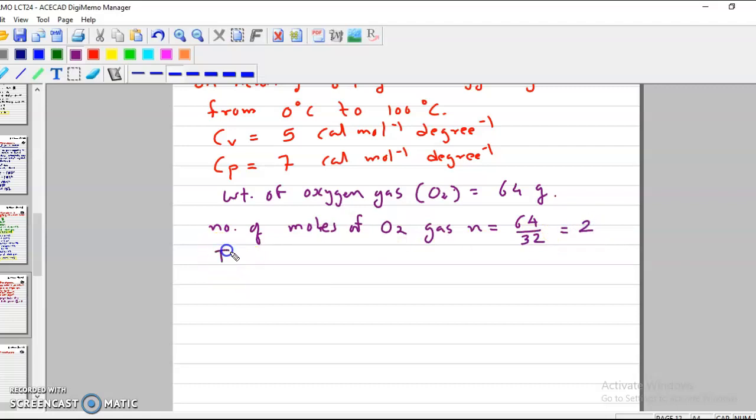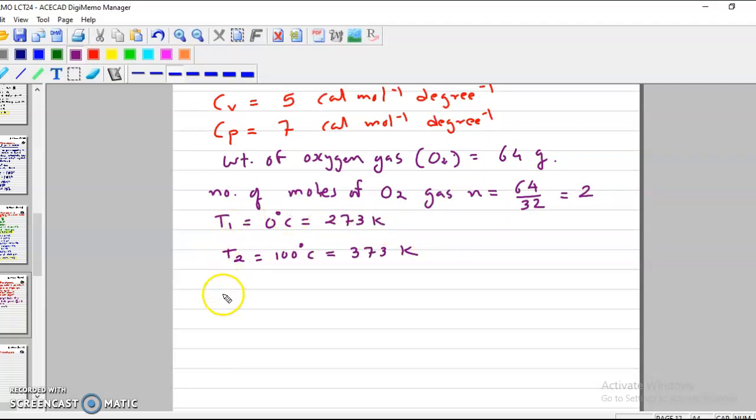Temperatures are given. T1 is 0 degrees Celsius, which is 273 Kelvin, and T2 is 100 degrees Celsius, which is 373 Kelvin. Now we have all values with us, so let us find out delta E.